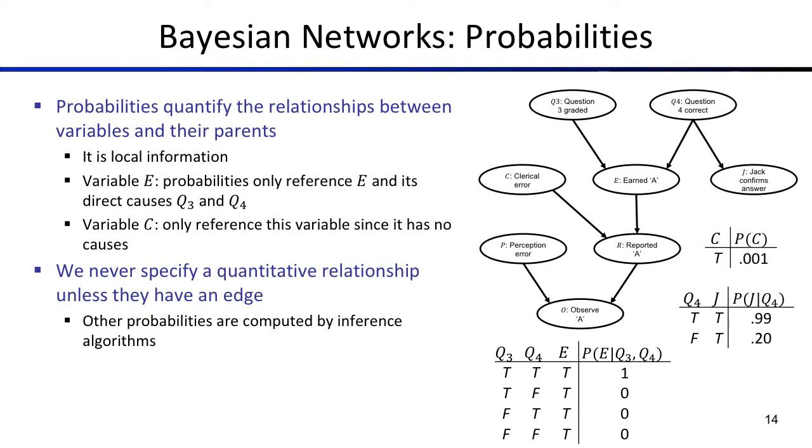So even though we are just modeling, for instance, the direct influence between Q4 here and E, Q4 will also influence A indirectly, right? By influencing E, and E influences R, and R influences the variable A. So there will be a chain of influence in the graph. So we will try to make it as sparse as possible, only modeling the direct influence and letting the indirect ones be paths in our graph.